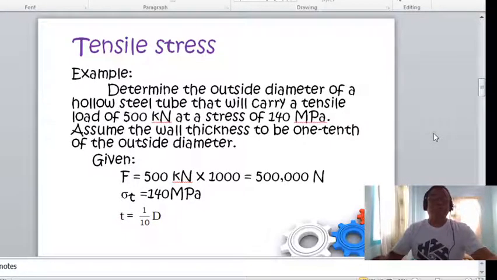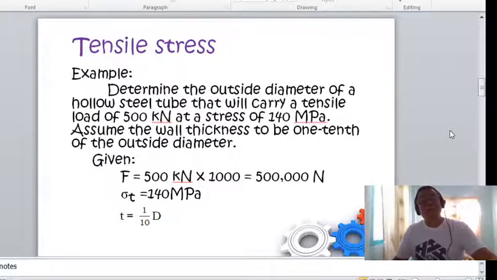In order to determine a certain parameter, let us consider this example. Determine the outside diameter of a hollow steel tube that will carry a tensile load of 500 kilonewton at a stress of 140 megapascal. Assume the wall thickness to be 1/10 of the outside diameter.